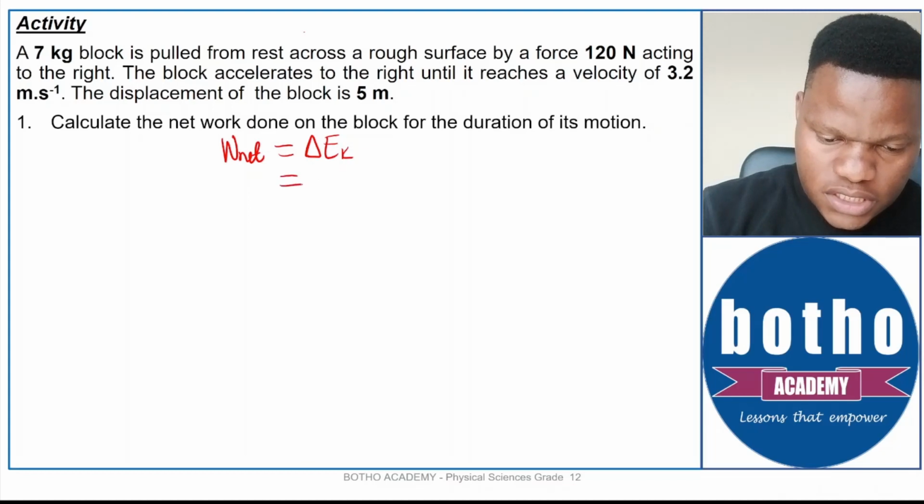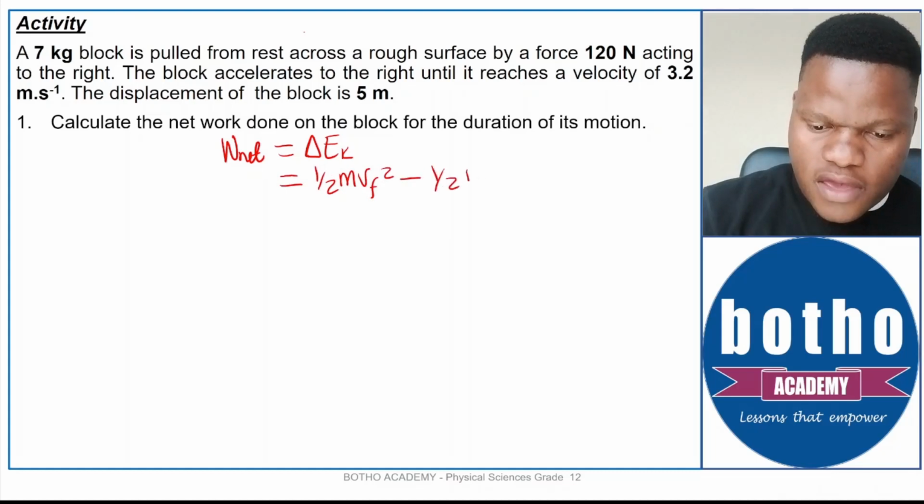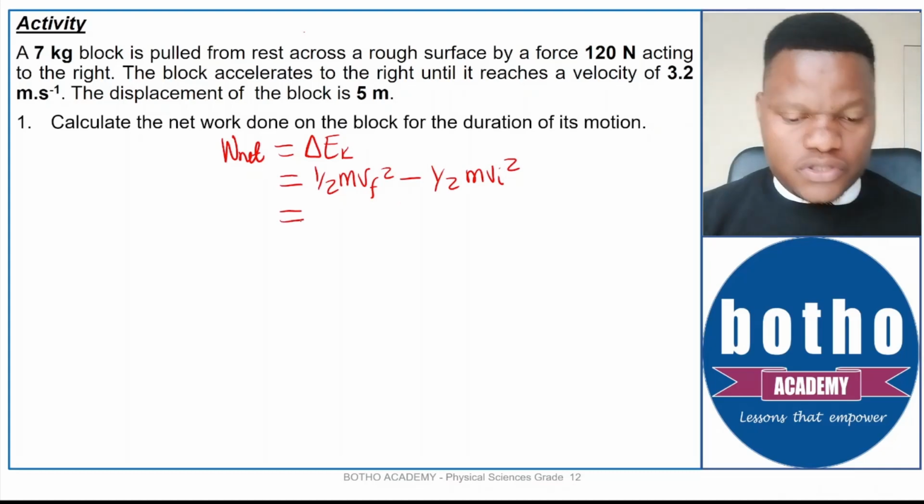We know that delta EK is equal to half m vf squared minus half m vi squared. Now let's do our substitutions.